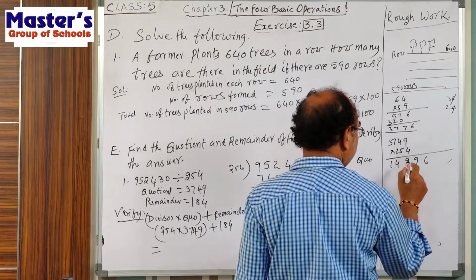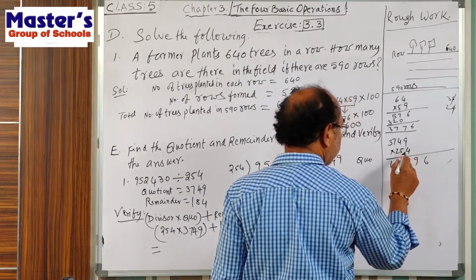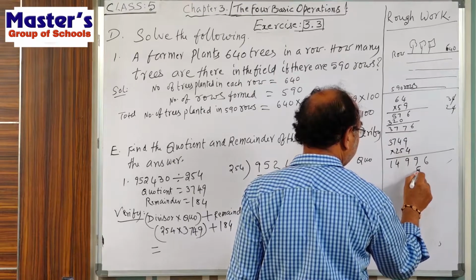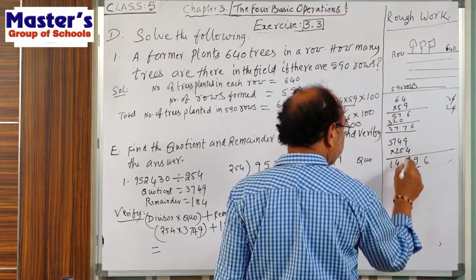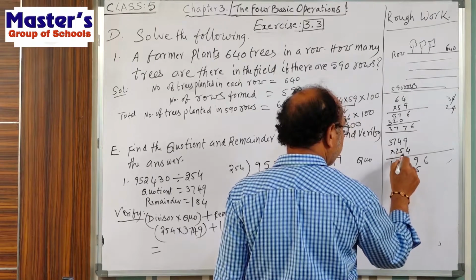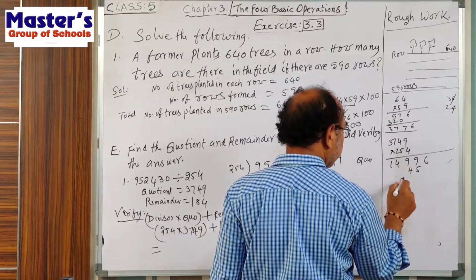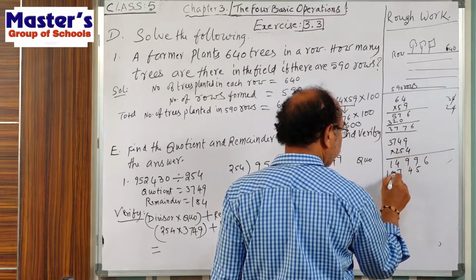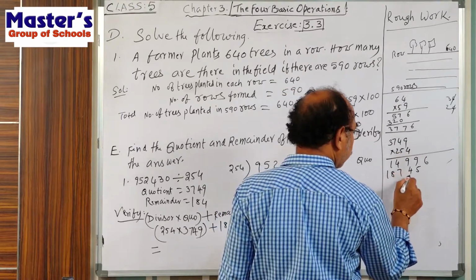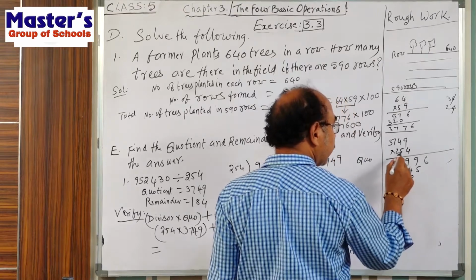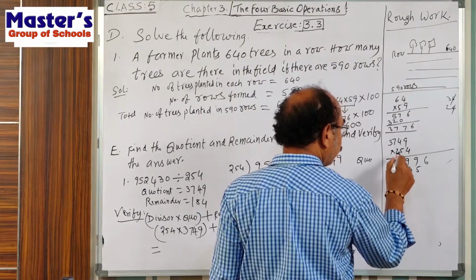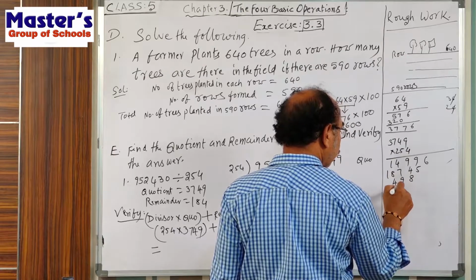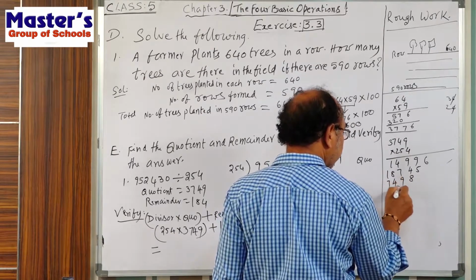With 5, 5 9s are 45. 5 4 is there. 5 4s are 20 plus 4 is 24. 2 is there. 5 7s are 35 plus 2 is 37. 3 is there. 5 3s are 15 plus 3 is 18. With 2, 2 9s are 18, 8 1 is there, 2 4s are 8 plus 1 is 9, 2 7s are 14, 4 1 is there, 2 3s are 6 plus 1 is 7.